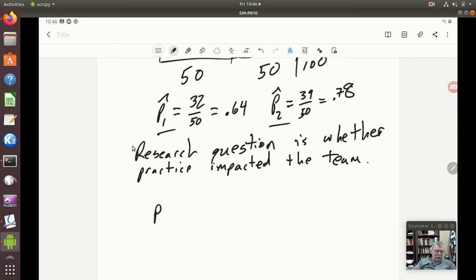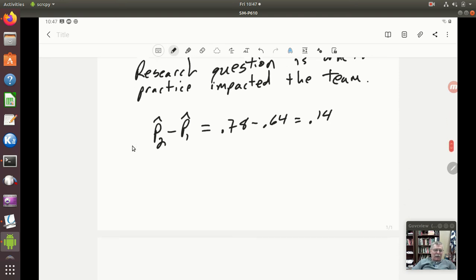So I'm going to look at P2 hat minus P1 hat, and that is 0.78 minus 0.64. And that's equal to 0.14.